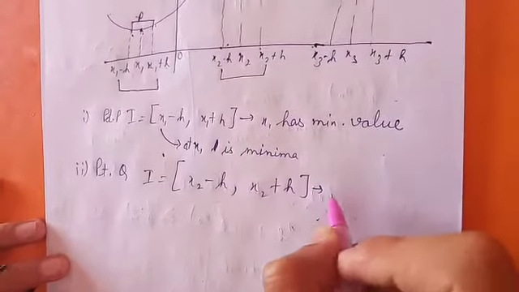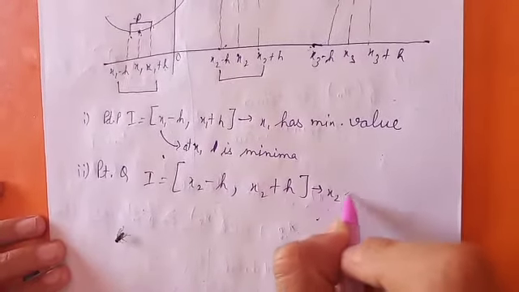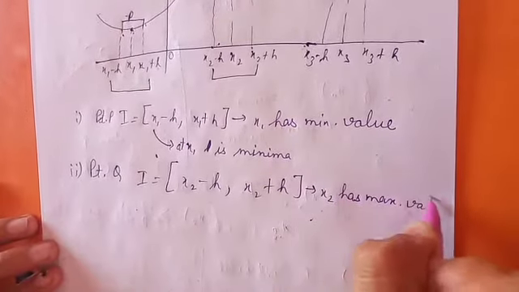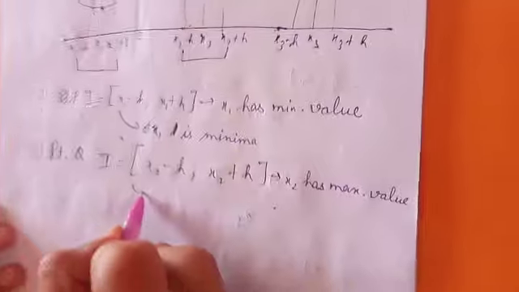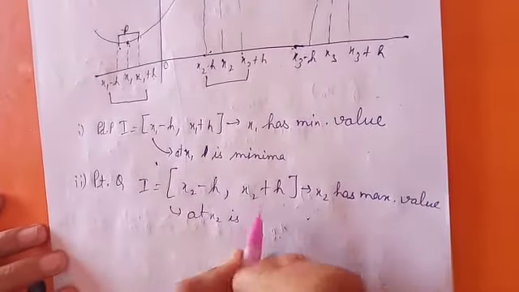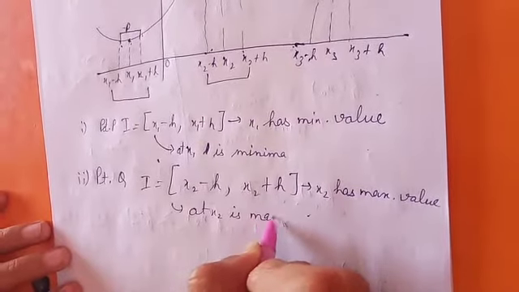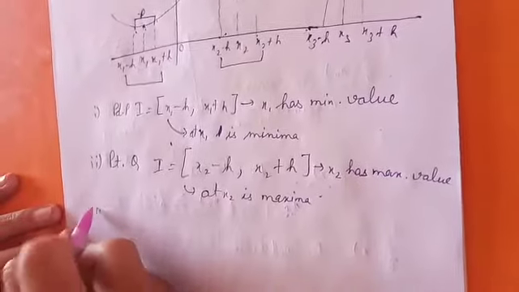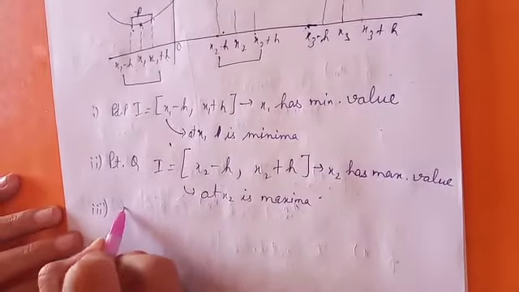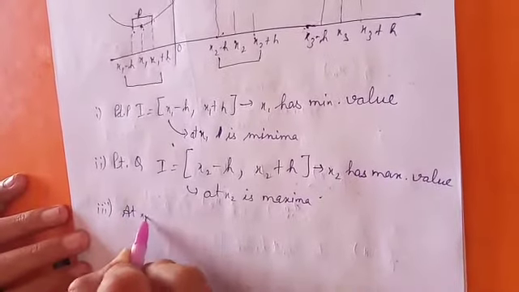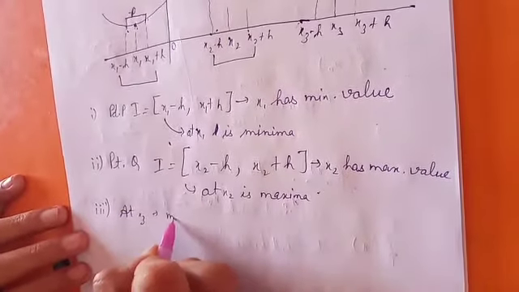For this interval, x2 has the maximum value. That means x2 is a maximum. Similarly for the third, we will get x3 as a minima.